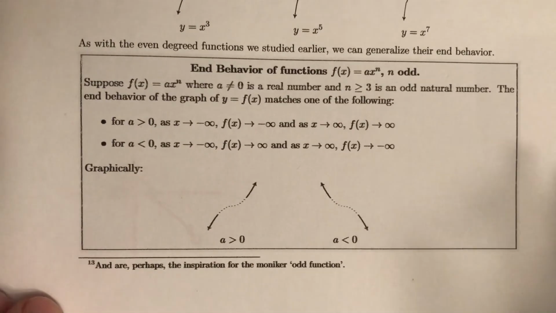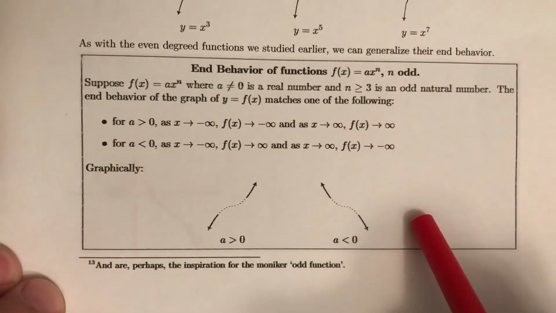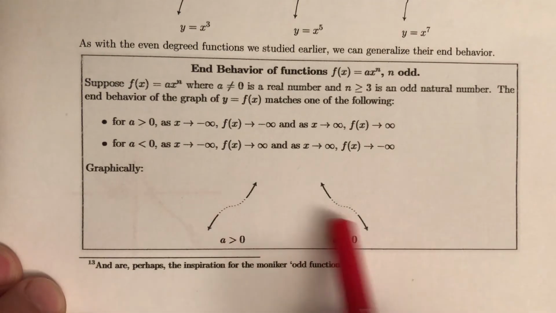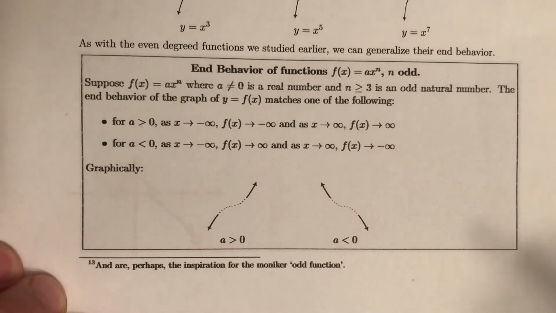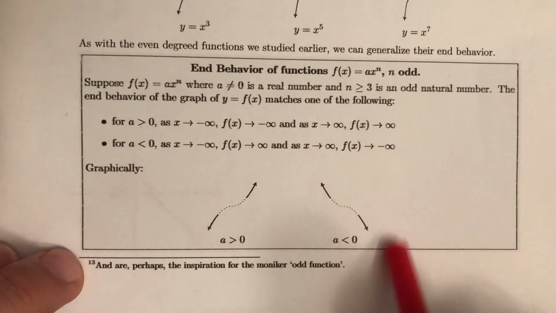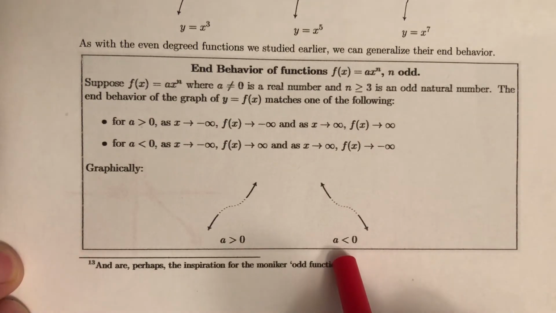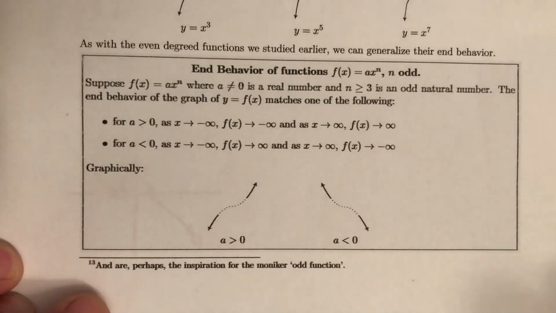Well, this is for odd functions, and jumping straight to the graph, these end behaviors are different. So what we're pulling out of this page is that what we need is this sort of a situation. We have to have our leading coefficient be negative, and we also have to have the degree be odd.